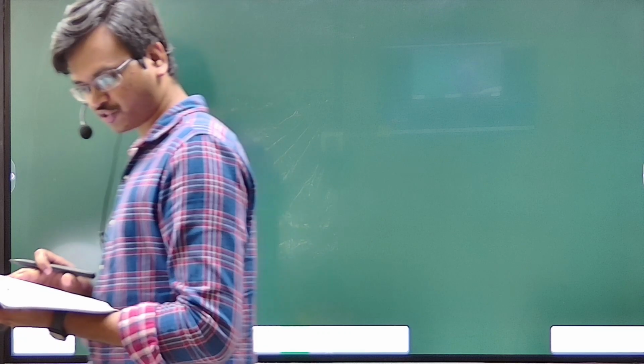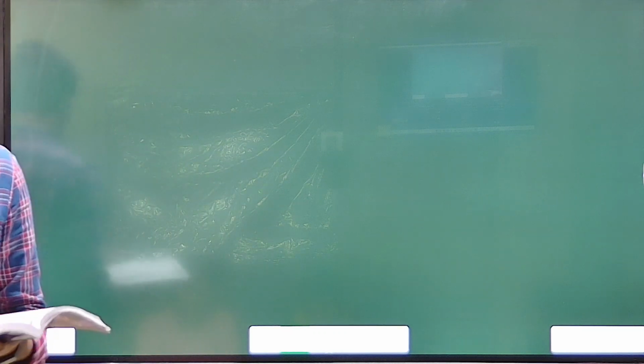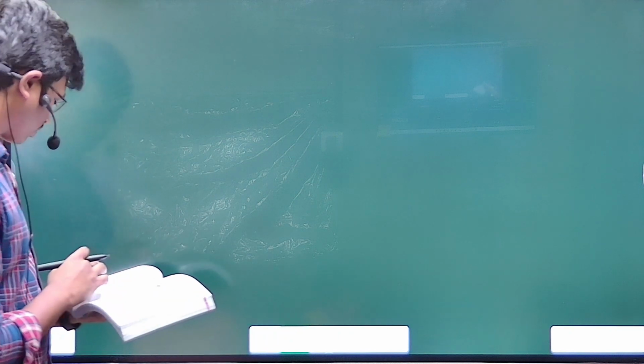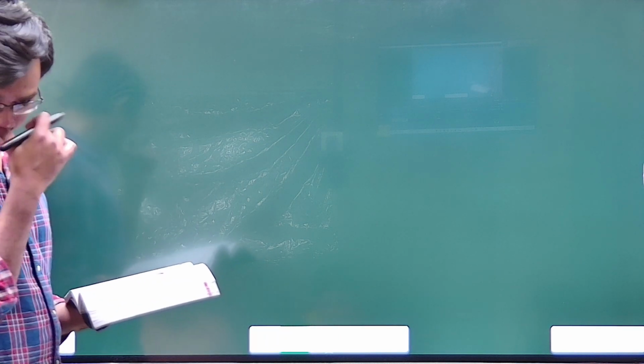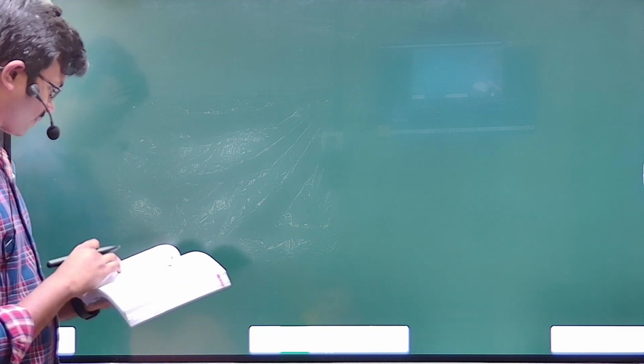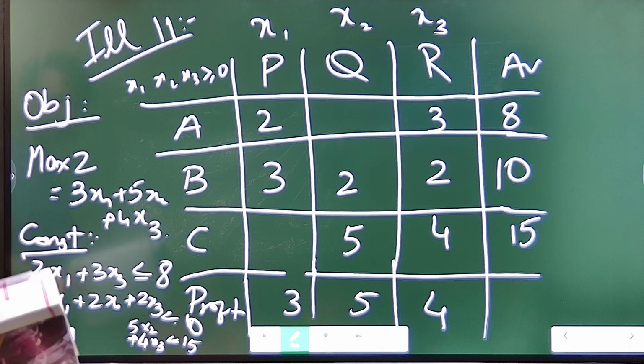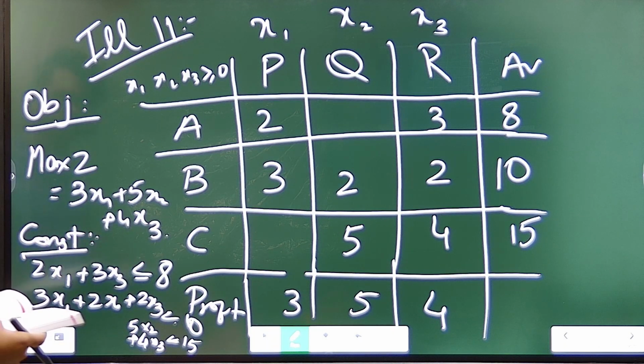We have seen the dual problem in the last class. There were 3 steps. What is the first step? This is the primal, so we already have the primal. What is the second step?